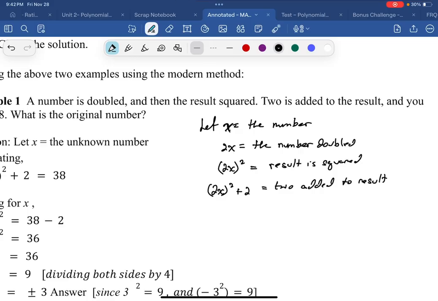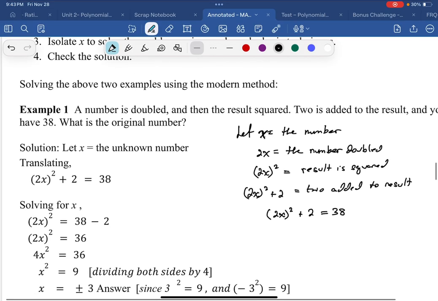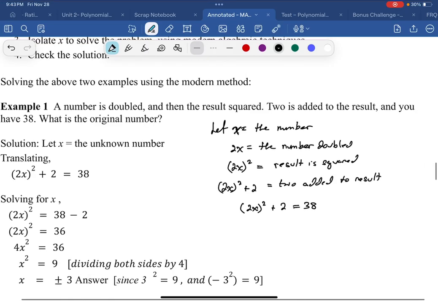So this result: (2x) squared plus 2 is 38. It didn't say explicitly "is 38." It said "and you have 38," but that would imply the same thing. And "is" tends to mean equal.